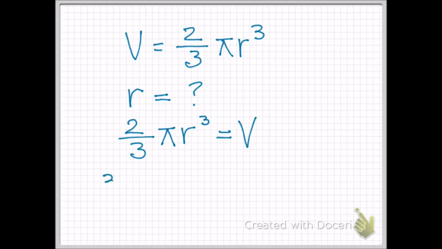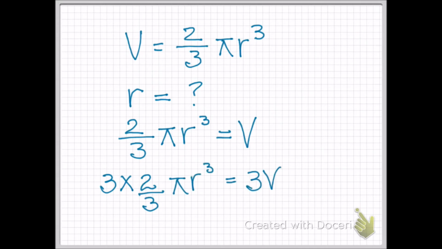Firstly, multiply across by 3. What we do to one side of the equation, we must always do to the other side. This will leave us with 2 pi r cubed is equal to 3v.